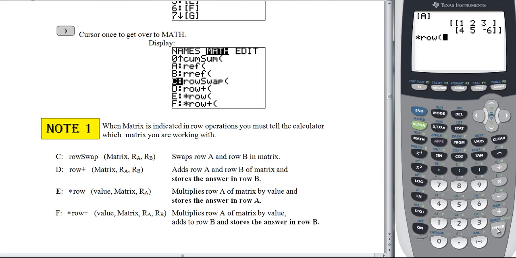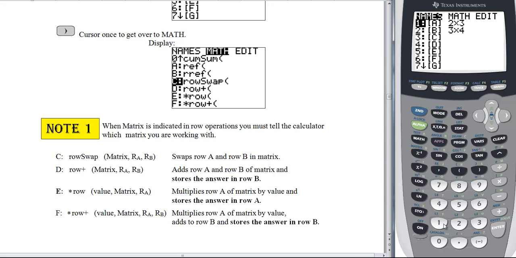Now this is what it looks like. I need to tell it the value. Now I think I said -3. I have to do a comma. Here's your comma. And the calculator's not going to know which matrix you want to work with, so you have to tell it. That's always the thing I have to do next when I want to multiply or multiply and add.